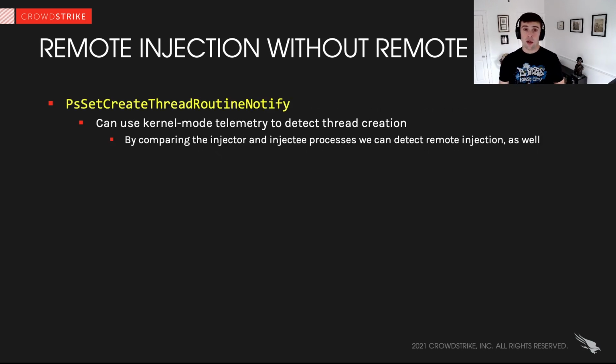Building off of that, we have another one of these function callbacks called PsSetCreateThreadNotifyRoutine. This is kernel mode telemetry that detects any time a new thread is created. And so what our mock sensor will do is compare the injector and the injectee process to determine if they are different. If they are, we can infer that remote injection has occurred.